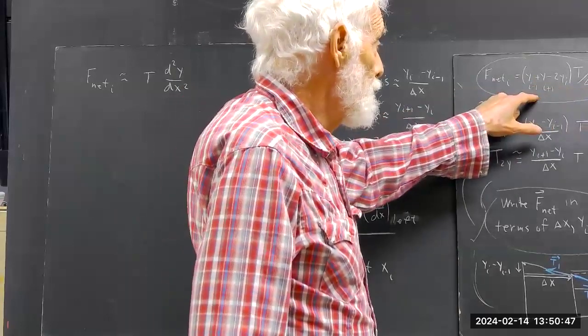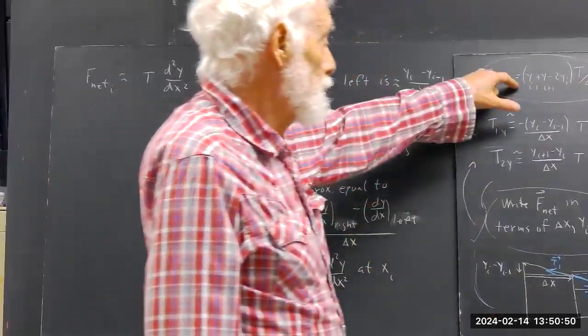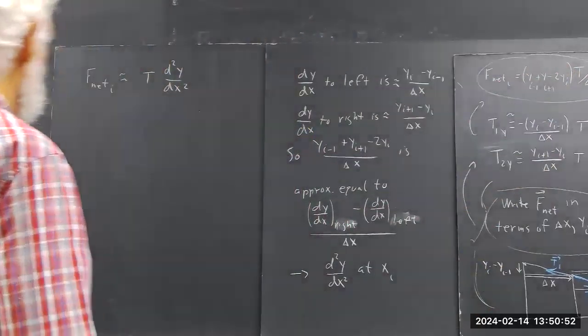You divide by the delta x here, and we have our second derivative, and you multiply that by the tension.